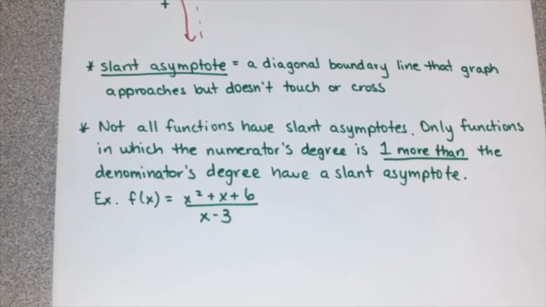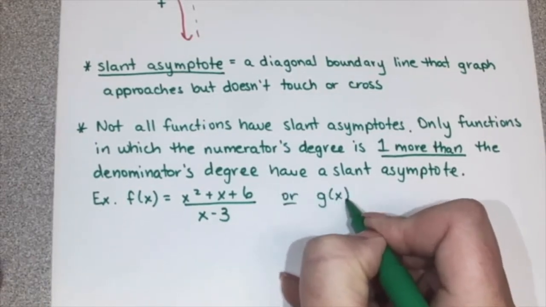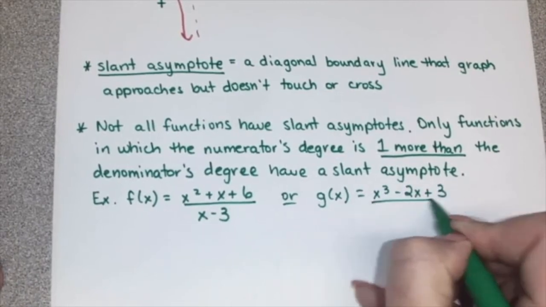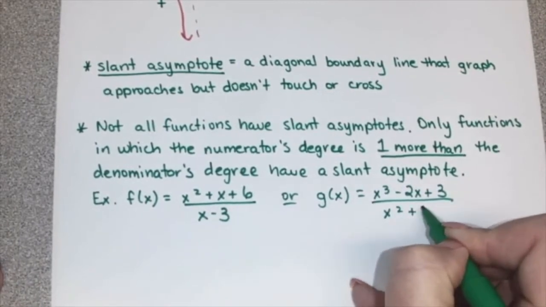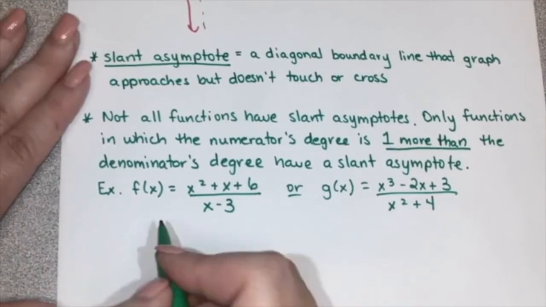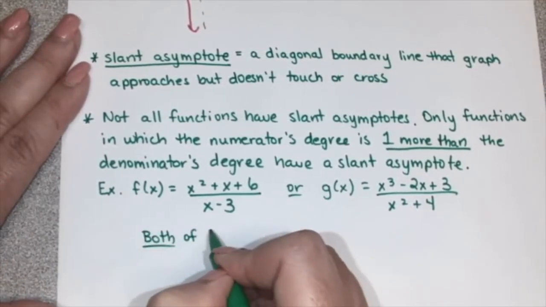Notice that it's one more, okay? Also, something like this would have 1. X cubed minus 2x plus 3 over x squared plus 4. Anything where the power on top's 1 more than the power on bottom, okay? So I'm just going to say both of these have slant asymptotes.